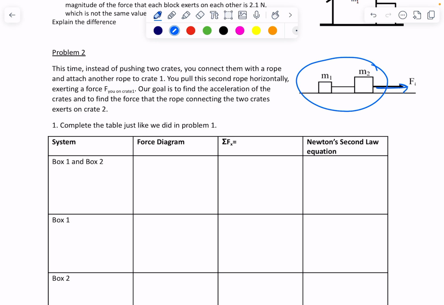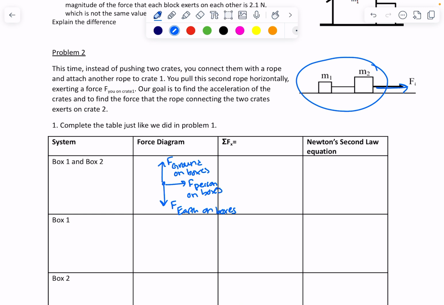We're going to have the earth and the ground, okay? So I have force earth on boxes, force ground on boxes, and force person on boxes, okay?